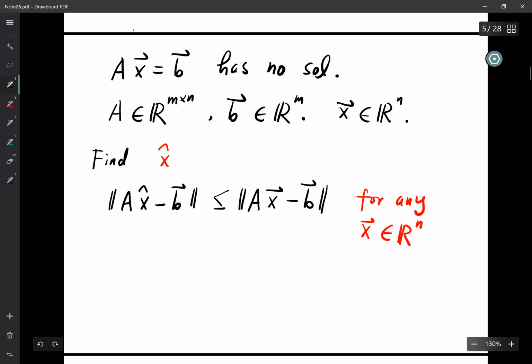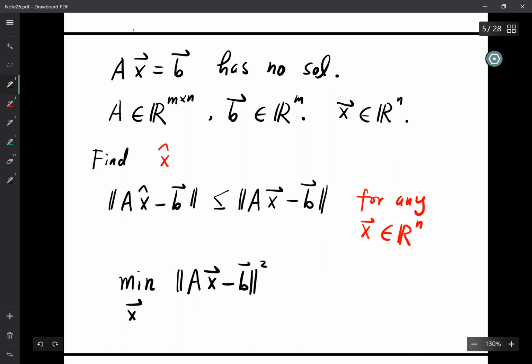And you can see that this is nothing but to say I want to minimize over x the quantity ||Ax minus b|| squared, as small as possible. So these two formulations are completely equivalent.